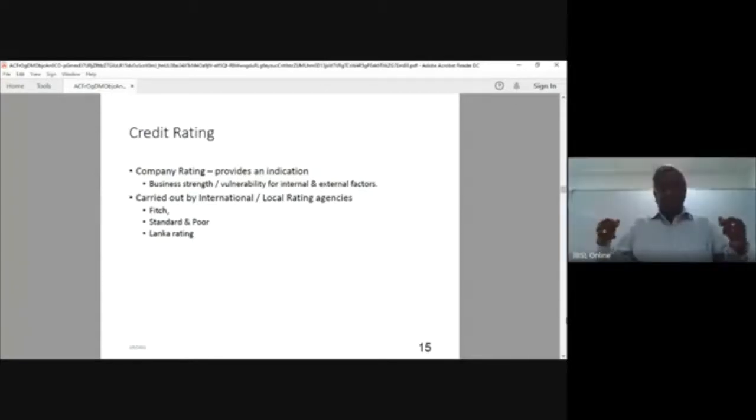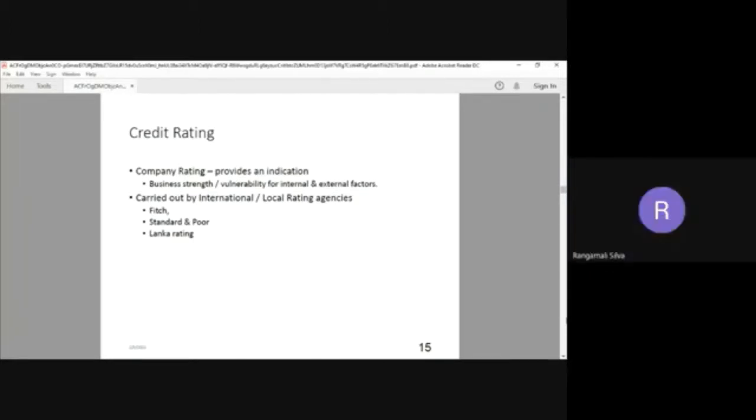The company is very strong. So the external credit rating agencies go through the books and information about this particular company, and after doing various analyses, they will mention what the credit rating is.